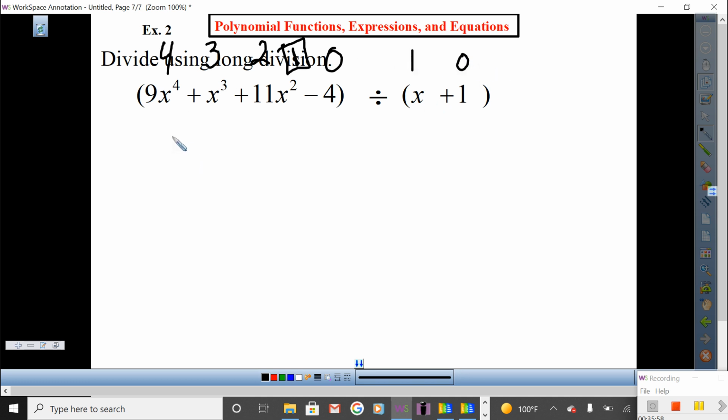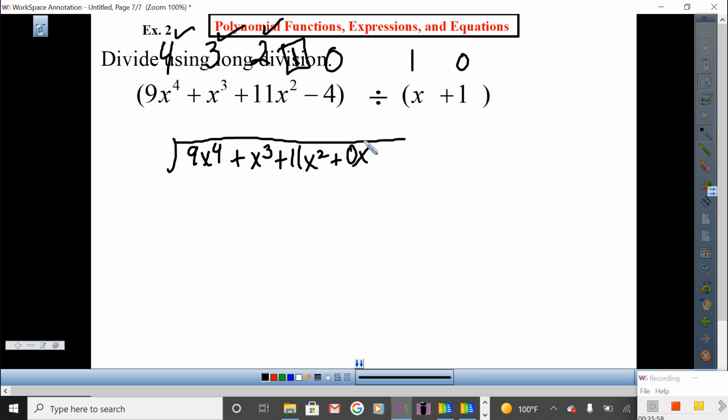No. So I start with my dividend. 9x to the 4th, check, plus x cubed, check, plus 11x squared, check. Oh, 1 degree. Okay, so plus 0x, check, and then minus 4.